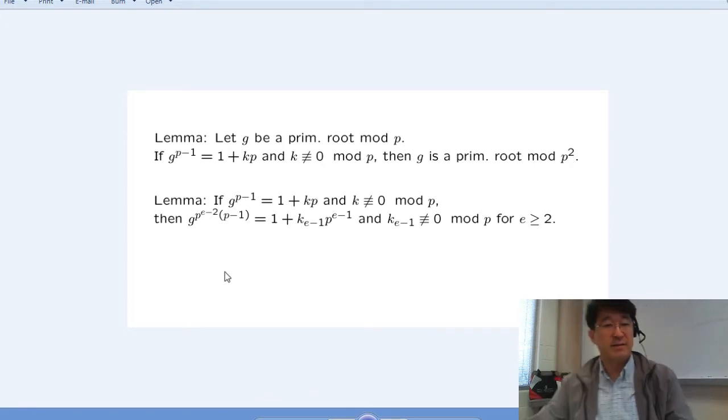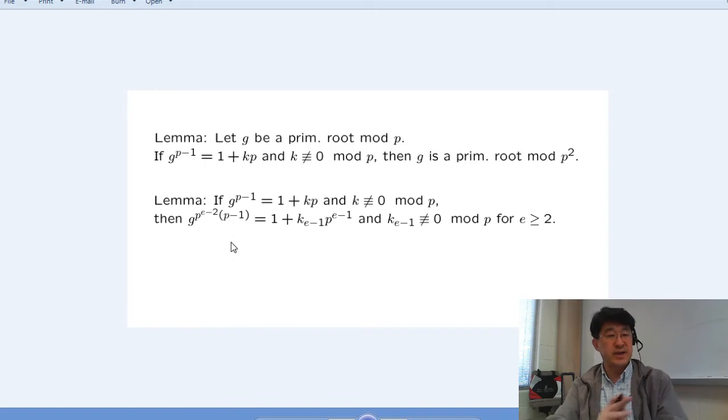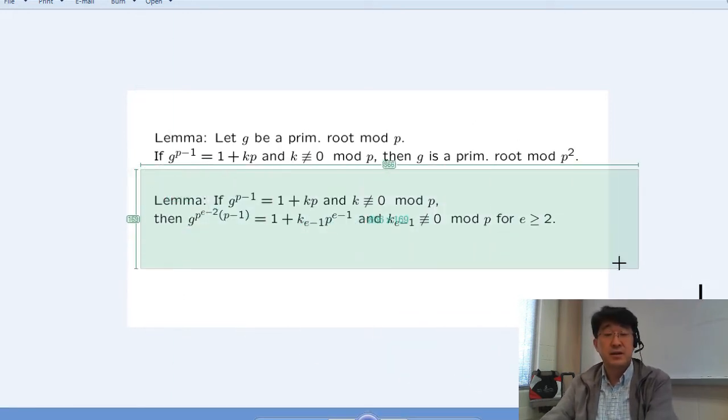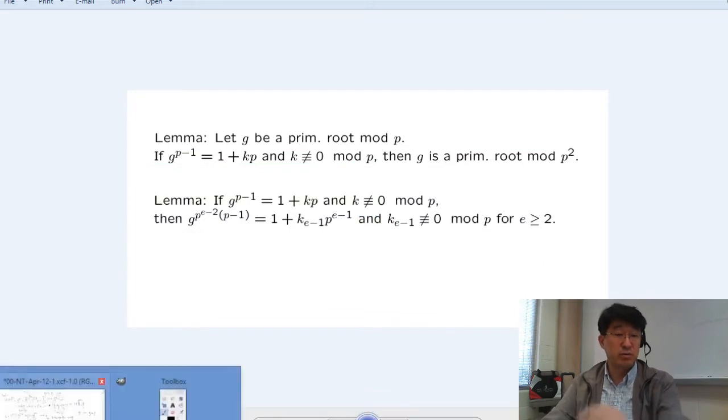Okay, so we have primitive, we have to show what happens if you raise that to a higher power. This was easy: if it has that property, we can choose that g plus p so that we have this property and it is a primitive root mod p squared. If you keep raising the power using the binomial theorem, you realize that they keep this form. So I'm going to state that at this stage, not going through this calculation.